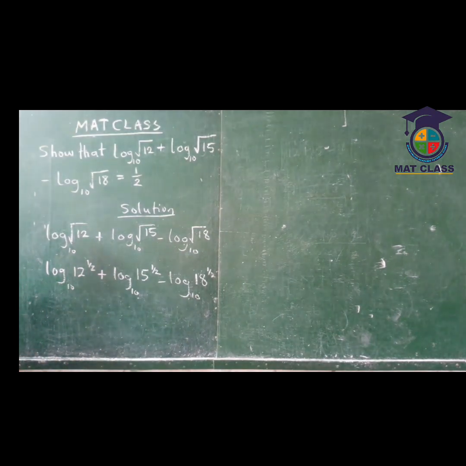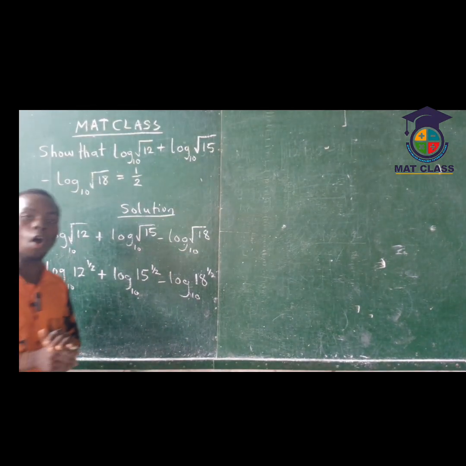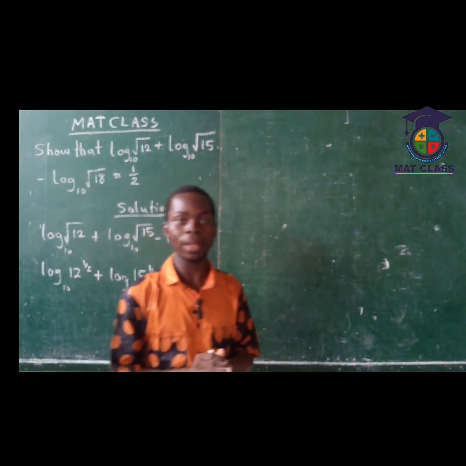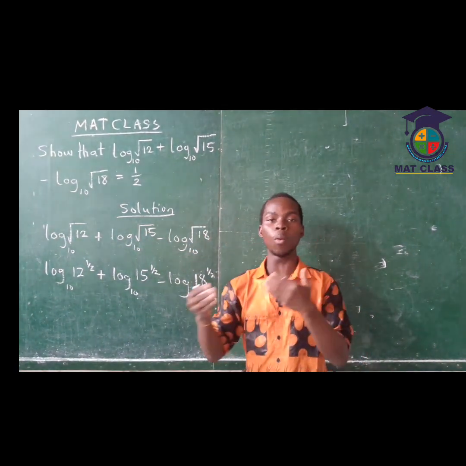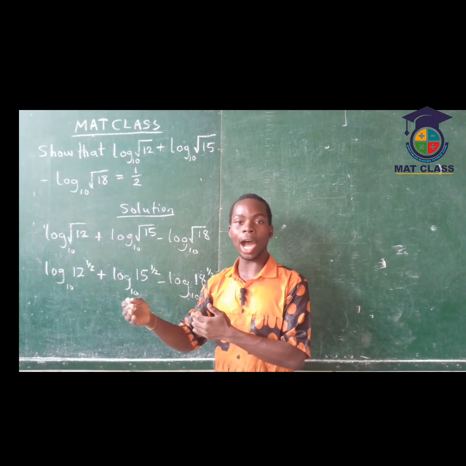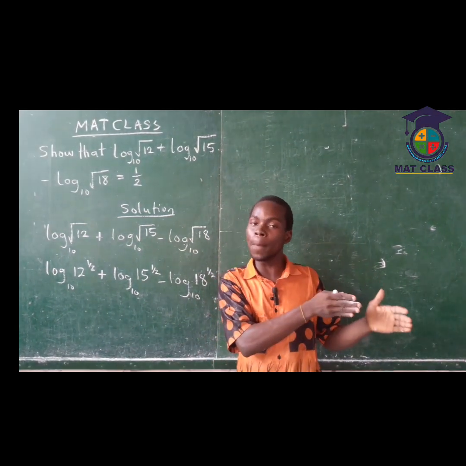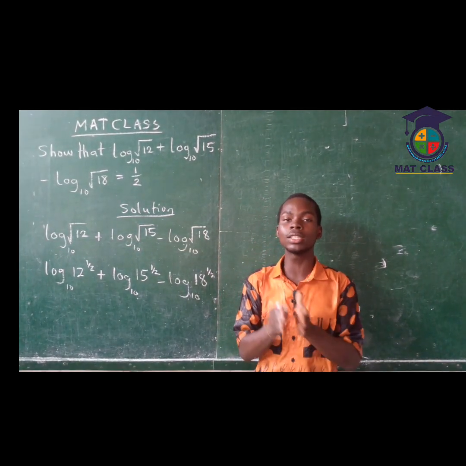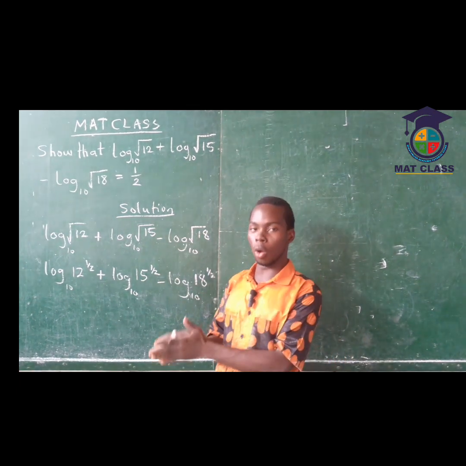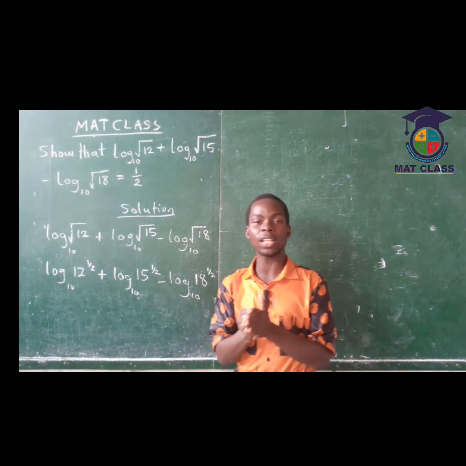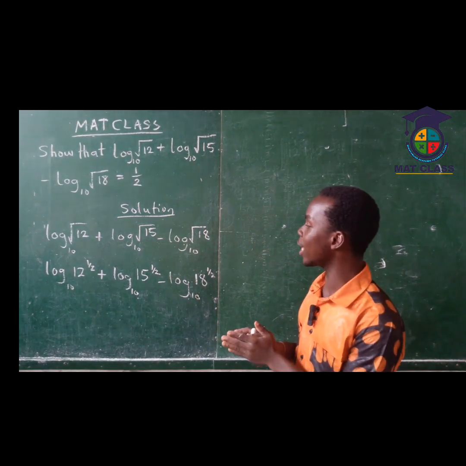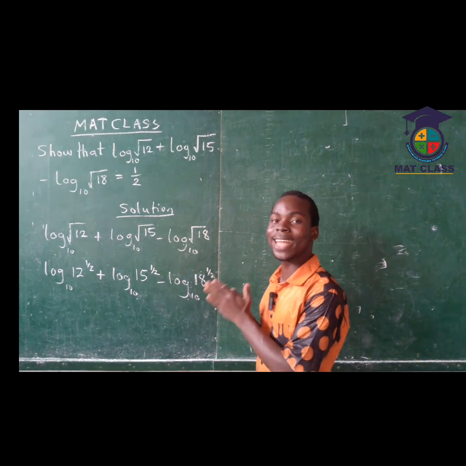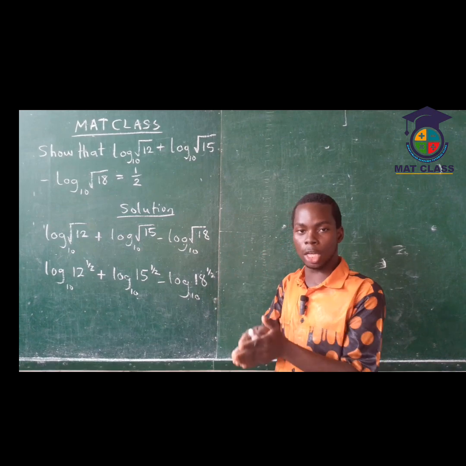After you have done something like this, what is the next thing that you are going to do? There's a law under the law of logarithm that says that whenever you're having a power, that power will move to the front of the logarithm.